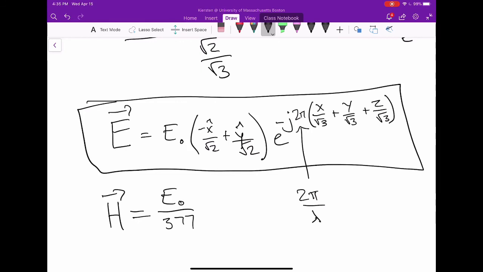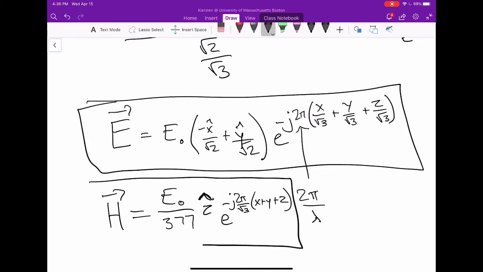So actually it is a Z-directed magnetic field because we already did that math problem before. And then it's got all the same phase dependence as previously, e to the minus j 2 pi over root 3 times x plus y plus z. I factored out the root 3 so it would take less space to write. That's all. So there's an example about plane waves in arbitrary directions.